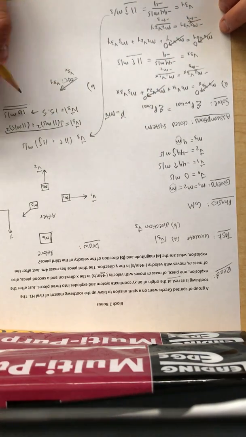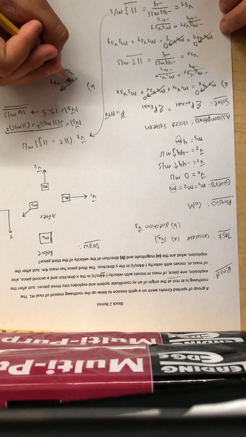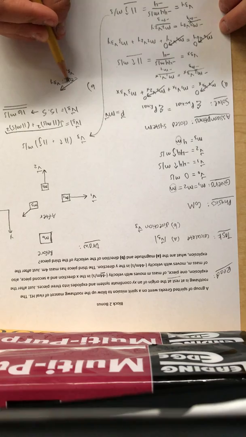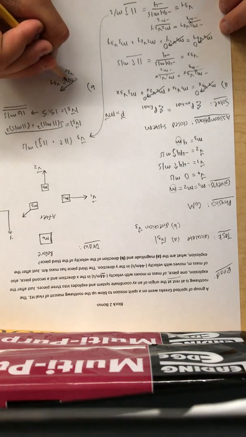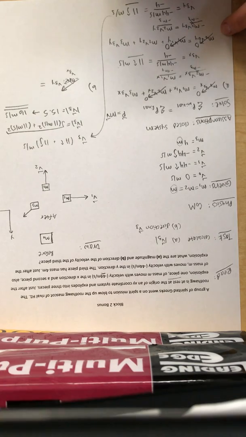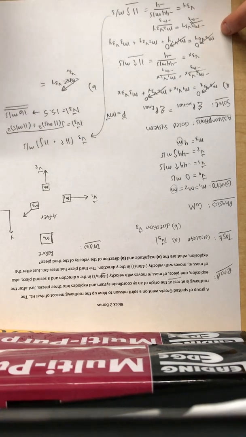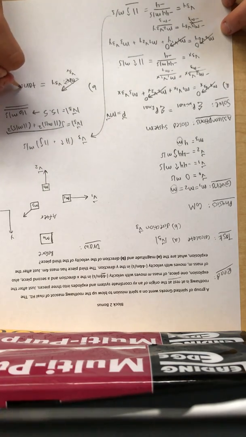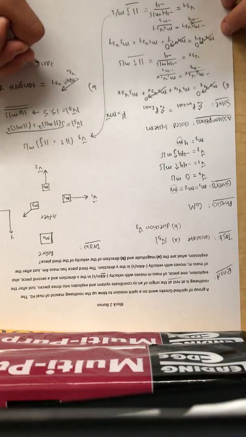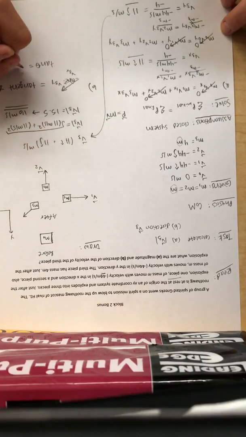11 and 11. So let's see. Compared to our angle, this is the opposite and this is adjacent. So whatever is opposite and adjacent that you know, you can use tangent. All right, so we will do that. Tangent theta.